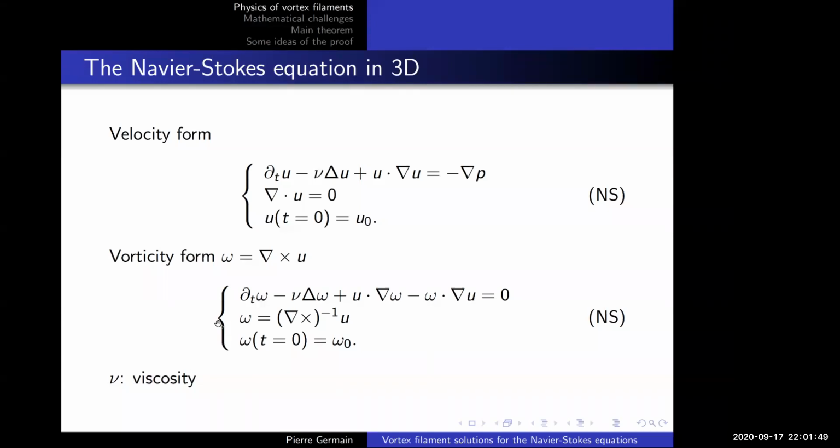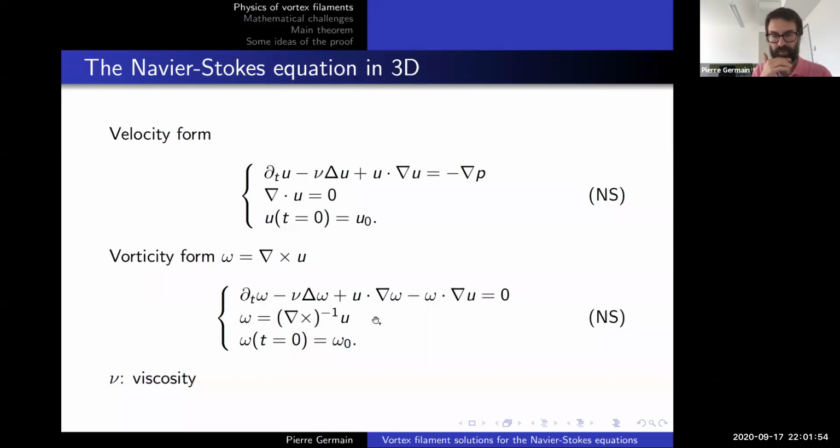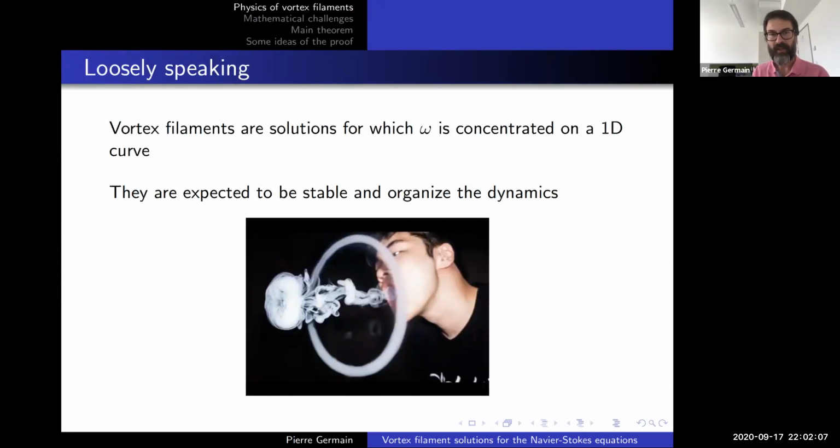And then you need to recover U from omega. This is done through the Biot-Savart law, which I wrote here, but here you should switch the roles of U and omega. Okay, so those are the equations that we want to study.